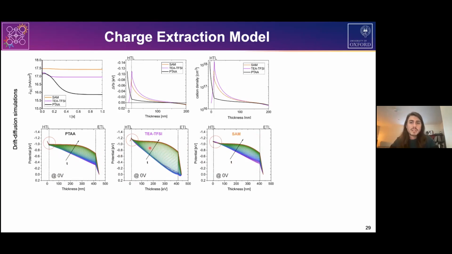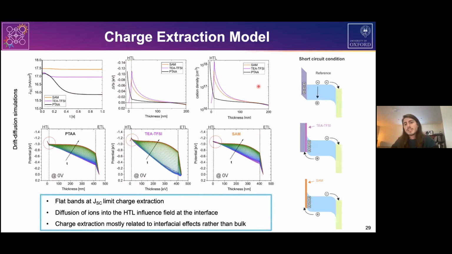And the only difference that we could notice is this remaining field here at the proximities of the HDL interface, that is basically what we observe here. So this is the only difference, and apparently it is enough to change drastically the decay of the short circuit current.